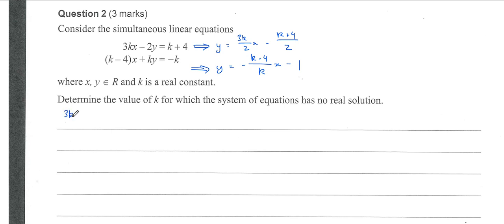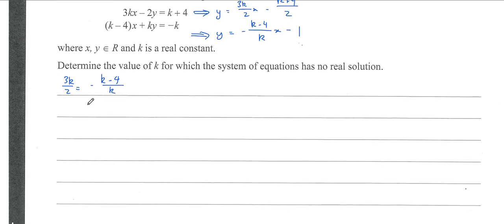So 3k on 2 is equal to negative k minus 4 on k. Cross multiply, we get 2k minus 8 is equal to negative 3k squared. So 3k squared plus 2k minus 8 is equal to 0.